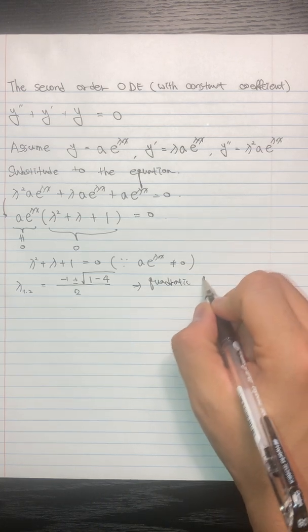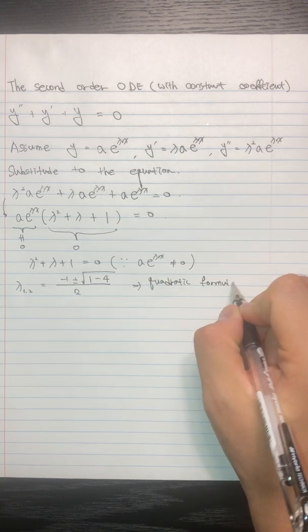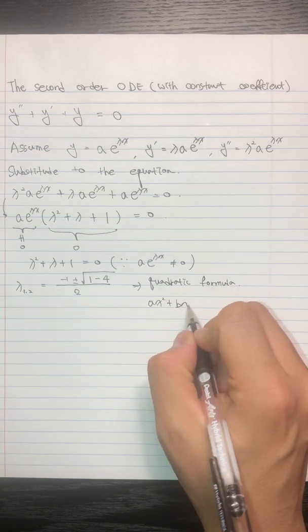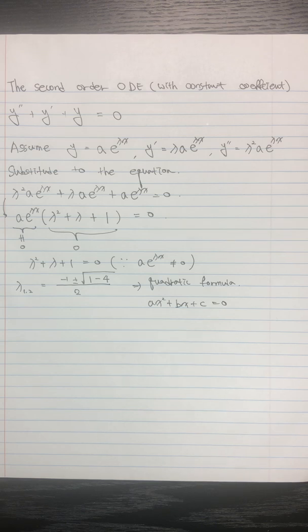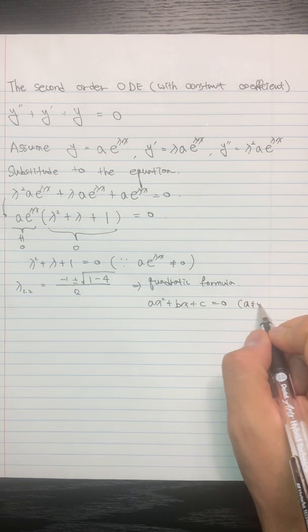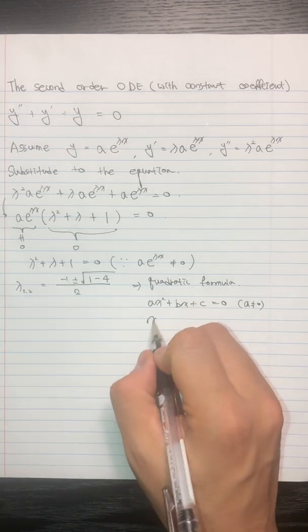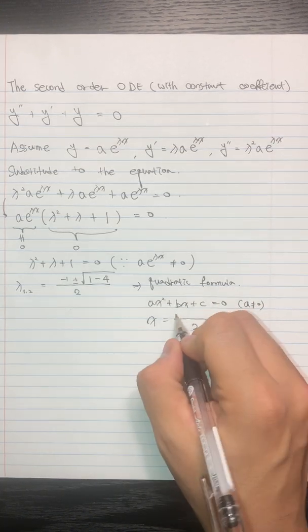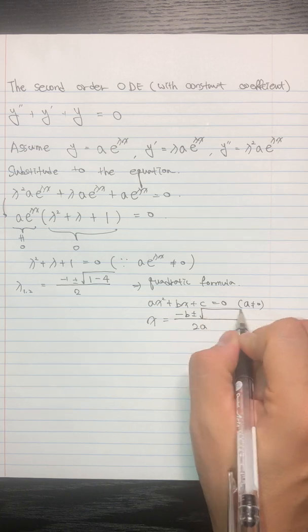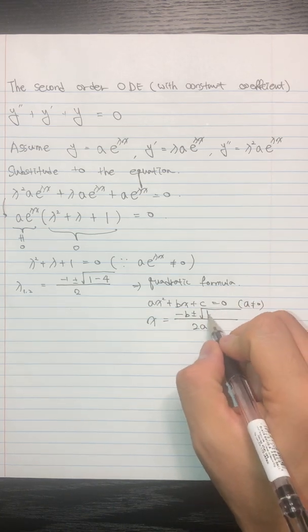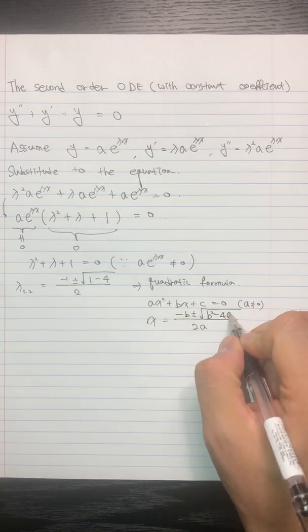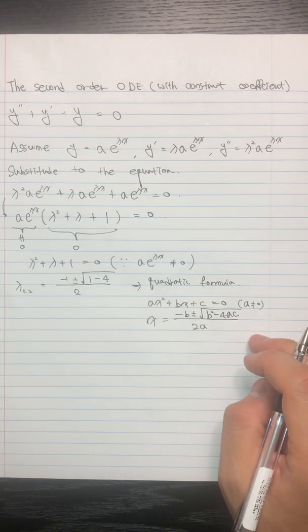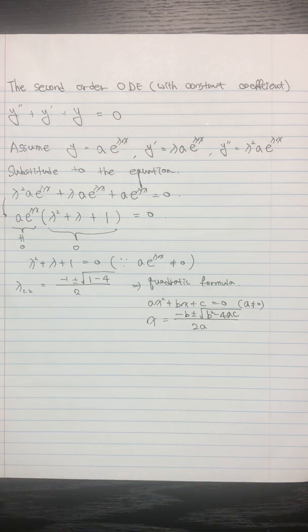For ax squared plus bx plus c equals 0, where a is not equal to 0, x equals minus b plus minus the square root of b squared minus 4ac, over 2a, right? This is the quadratic formula. We can use this formula to solve the quadratic equation.